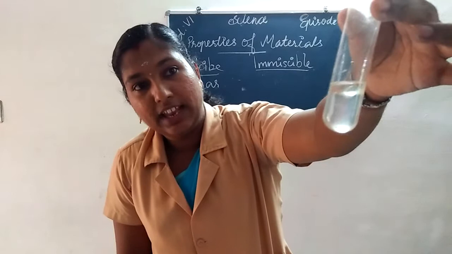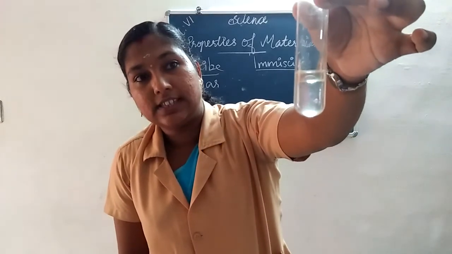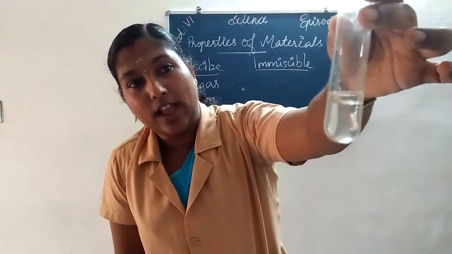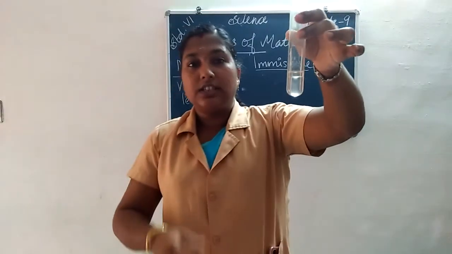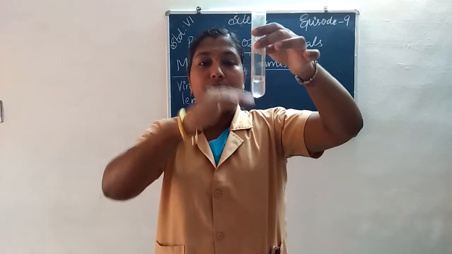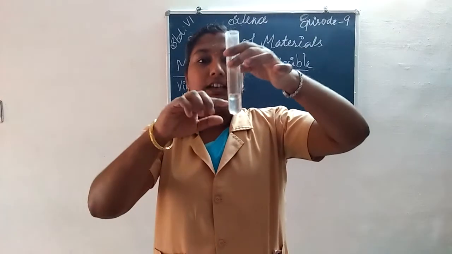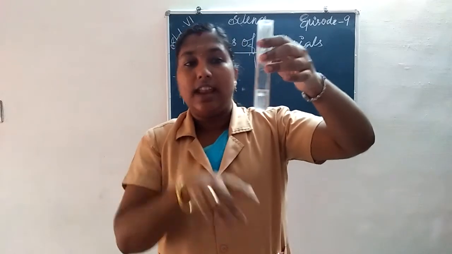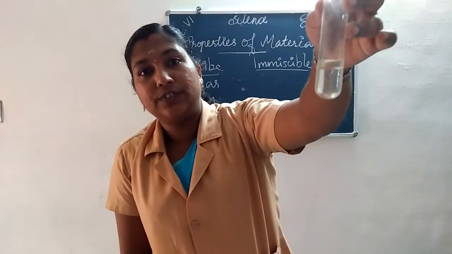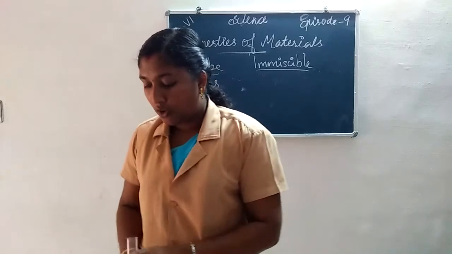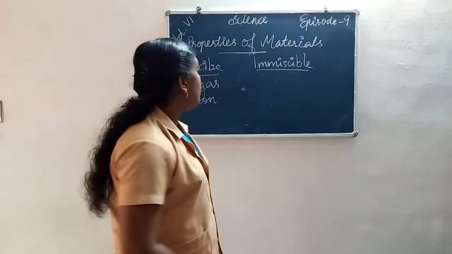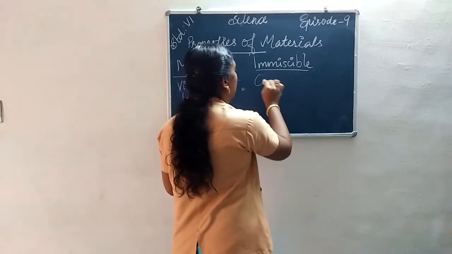Can you see that the coconut oil does not mix well with the water. It becomes separated from water. It is situated just above as a layer on the surface of the water. So coconut oil is an immiscible liquid.